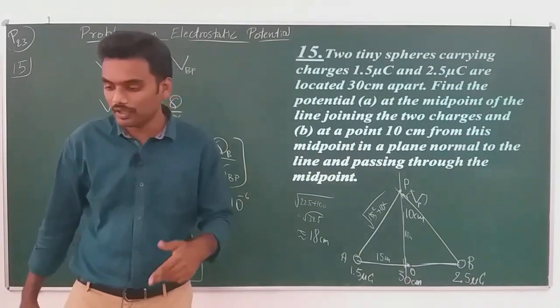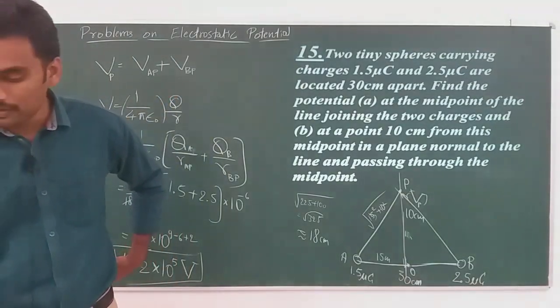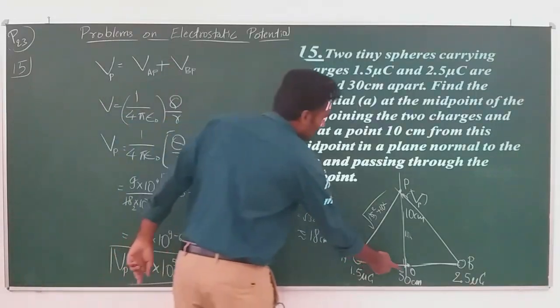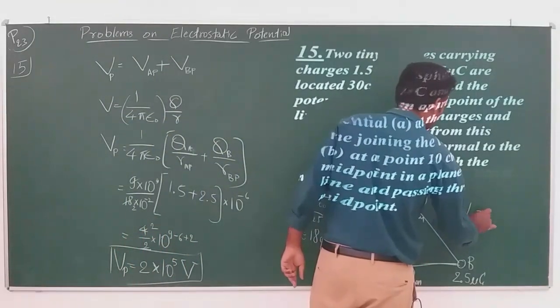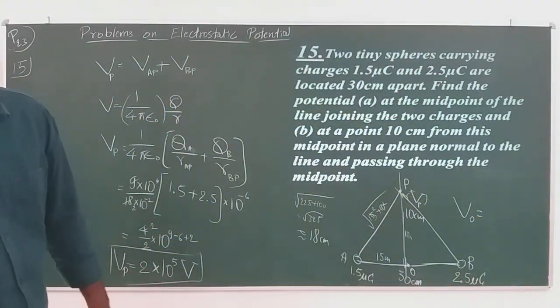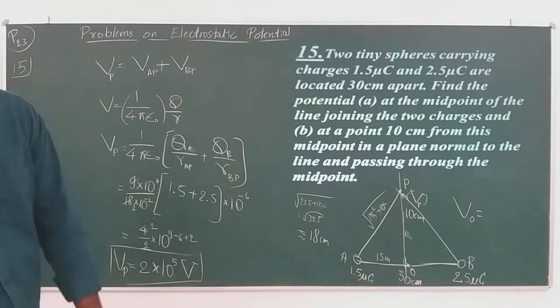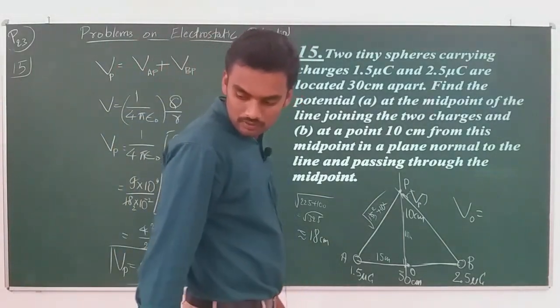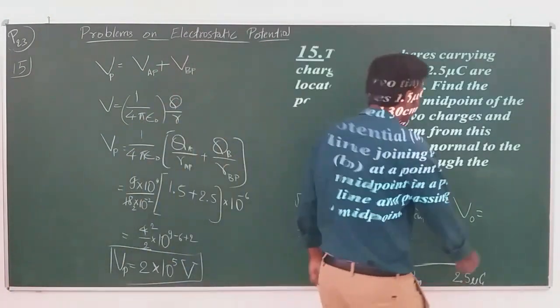I think I wrote it 10 to the power of 4. The answer for the previous one is 10 to the power of 5 itself. Means potential at O, VO, is equal to, check it once, there might be some error, I am not sure. It is 2.4 into 10 to the power of 5 volt.